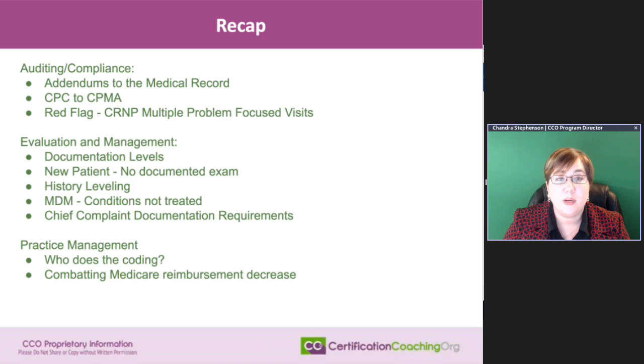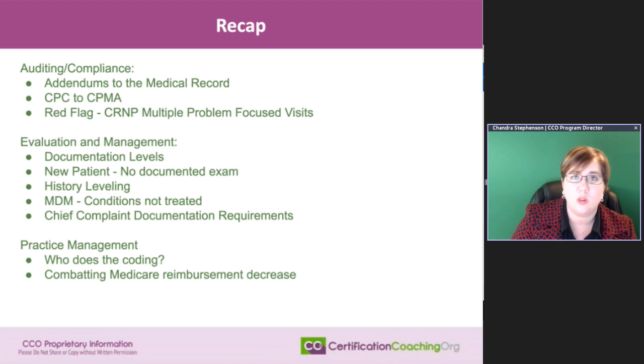We went into evaluation and management coding, and we talked about documentation levels and new patients with no exam and how to determine the level of history and what to do if medical decision-making conditions were not treated. Can we count those? Can we not? Chief complaint documentation requirements. History requirement documentation for patients who were unconscious.